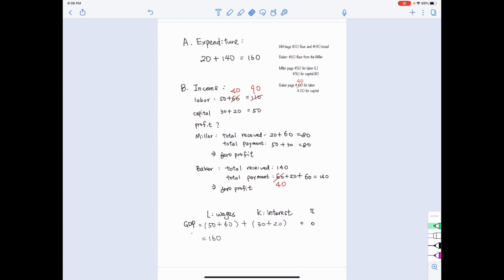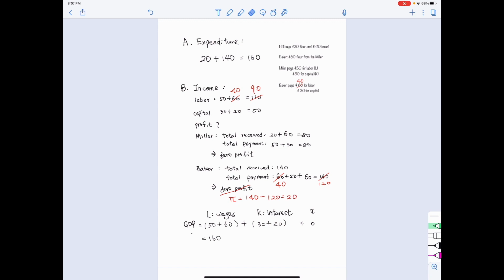Therefore, the total payment now equals 120. So it no longer has zero profit, but positive profit, because the total payment is less than the total received by 20. So the profit equals 20.